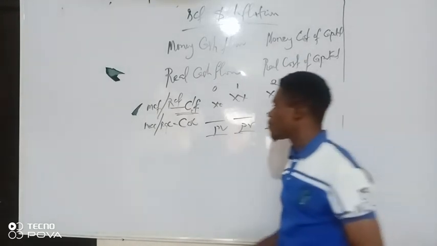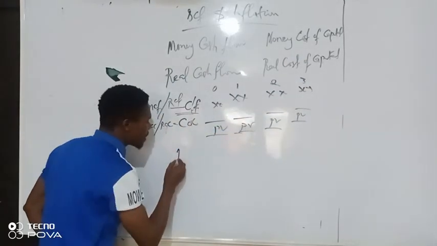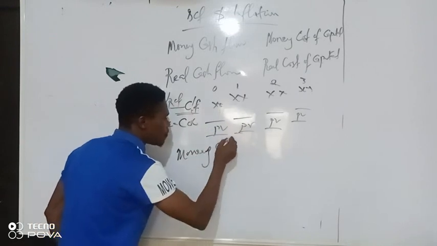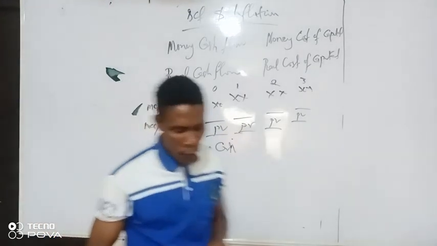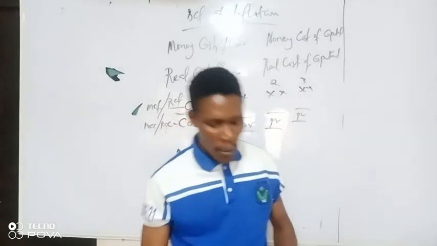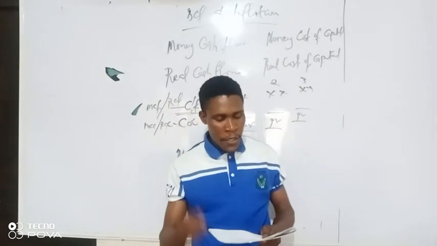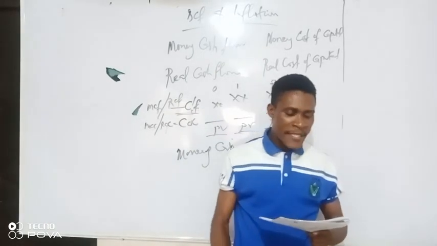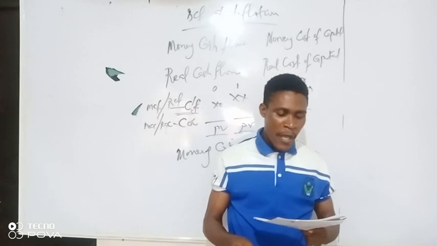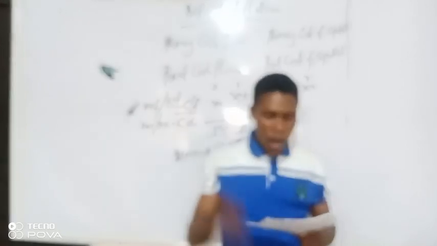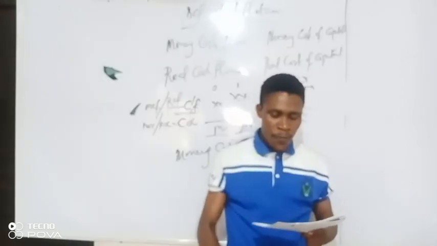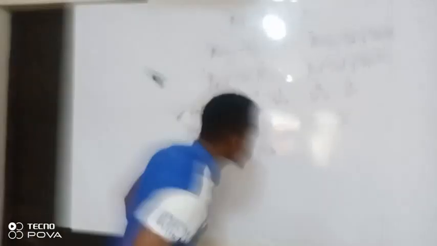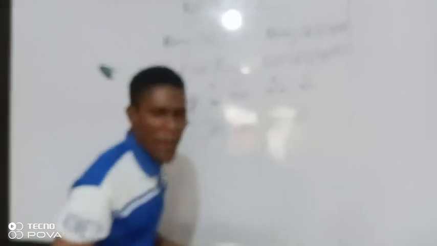Now let me try to explain. Let me read from the manual so that I will not be saying everything offhand. Money or real cash flow. Real terms cash flows are what an item will cost or be sold for at the current price.